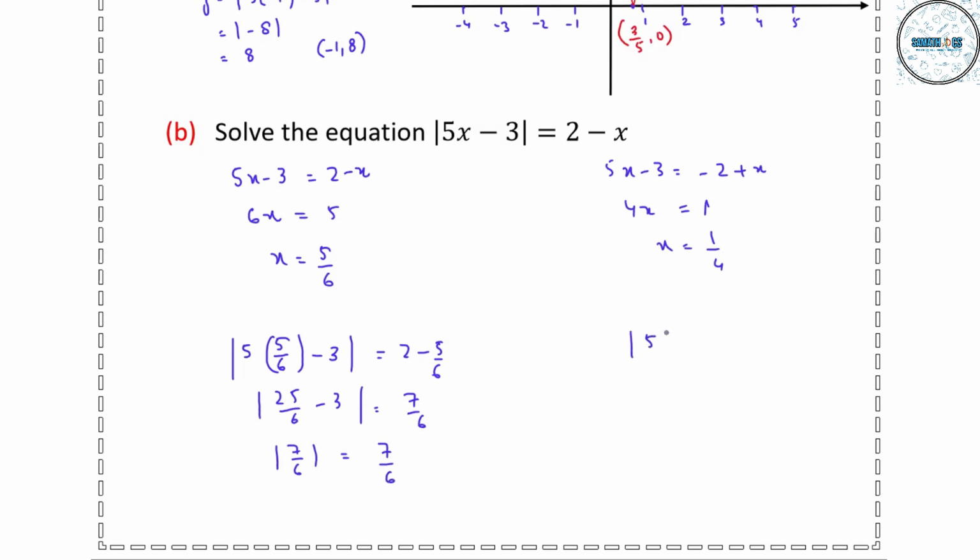Here we have 5 into 1/4 minus 3, which is equal to 2 minus 1/4. So it is 5/4 minus 3, and it is minus 7/4. So absolute of minus 7/4 is 7/4. This value is also satisfying the equation.